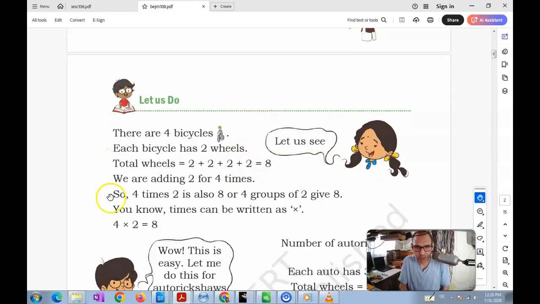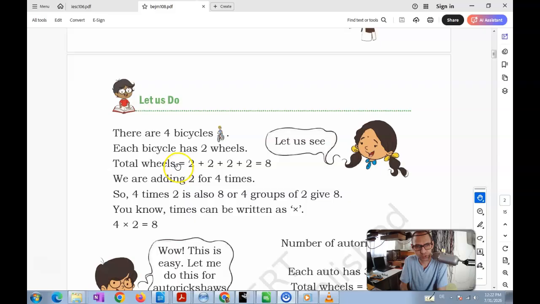So here is the explanation. She's saying now that there are 4 bicycles. That's the number of bicycles. You have to count them, and each bicycle has 2 wheels. If you already know this, or you count the number of wheels on a bicycle, then every other bicycle will have the same number of wheels, right?